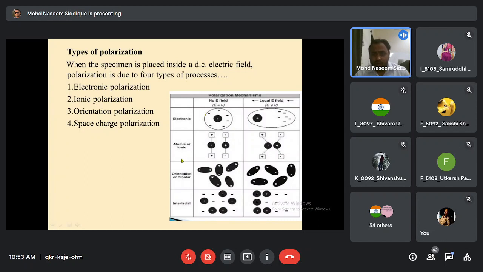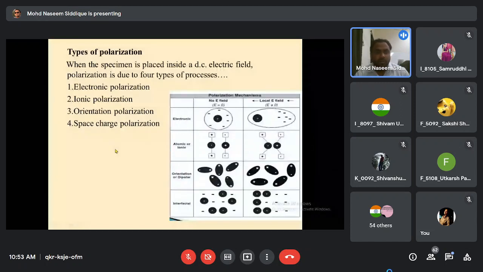Ionic polarization you can see in molecules, where there must be an interaction between the atoms. What is a molecule? A molecule is just a group of atoms. Orientational has to be discussed in the next slide, and then the interfacial polarization.